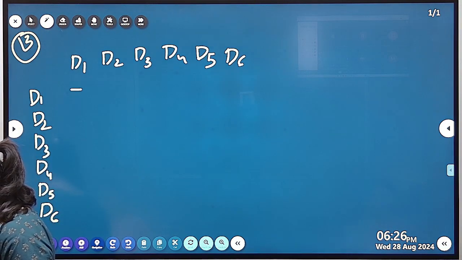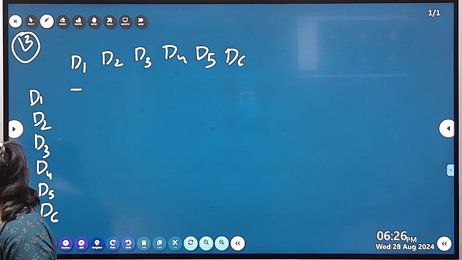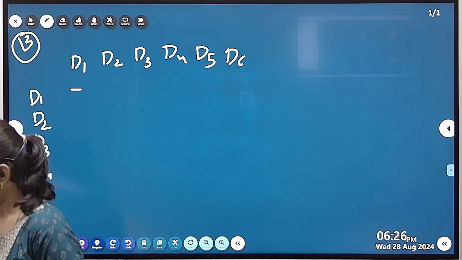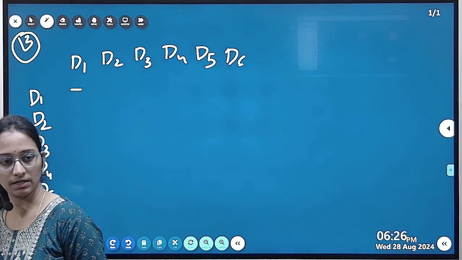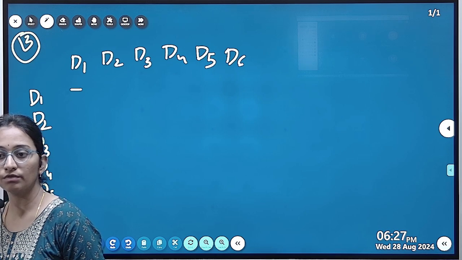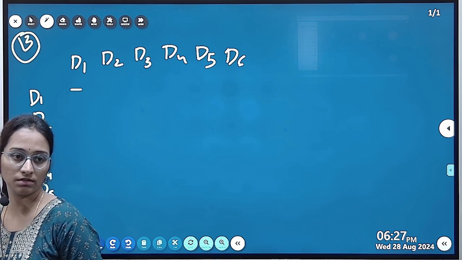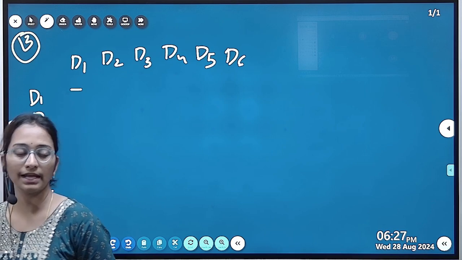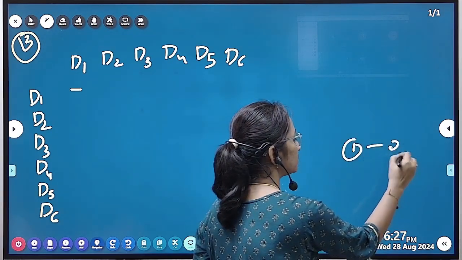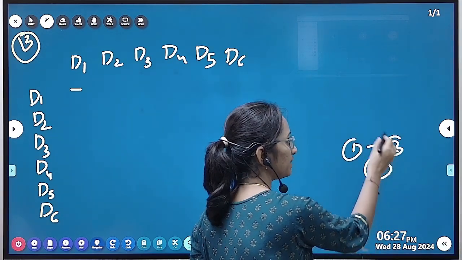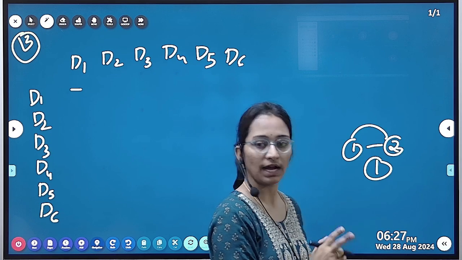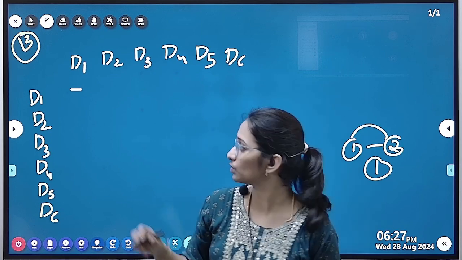And then next come to D2. D2 to D1, how much is it? D1 to D2 is 10, but D2 to D1 is 8. So we need to add both. Like where 1 to 2 is a distance of 1, 2 to 1 is also 1 only, so we need to add both.